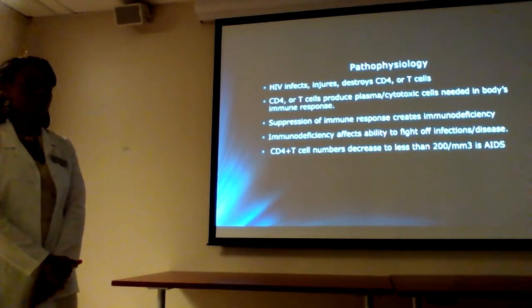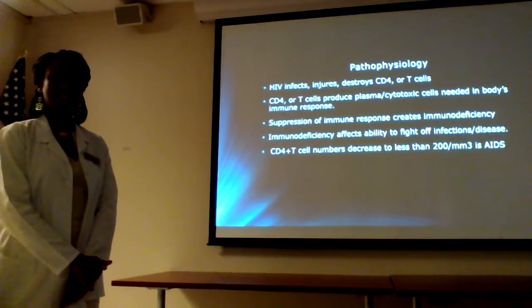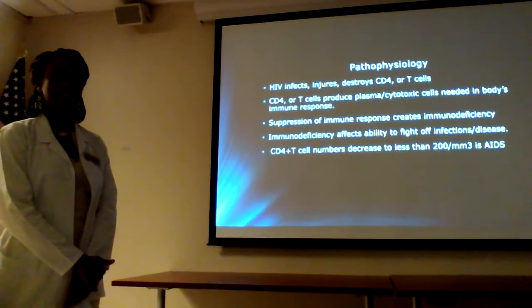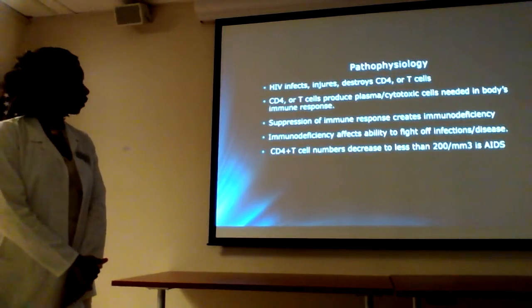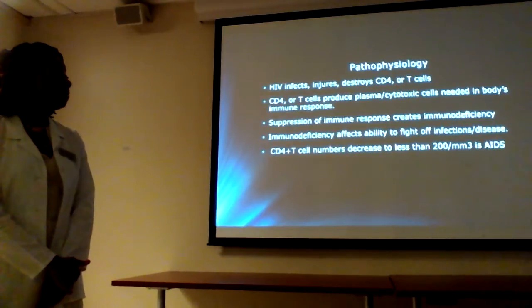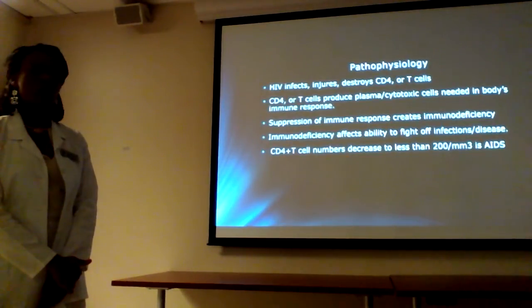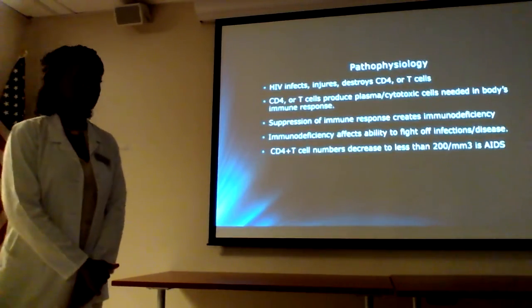Immunodeficiency affects the body's ability to fight off infectious diseases, infections, parasites, and bacteria. When a patient's CD4 count decreases to less than 200 per cubic millimeter, the patient is considered to have AIDS.